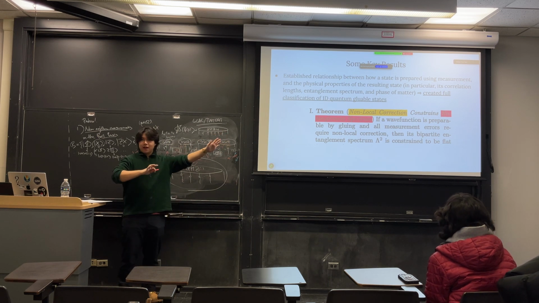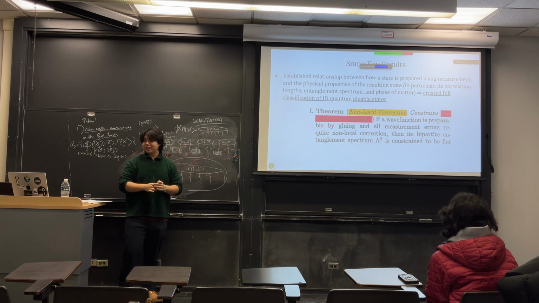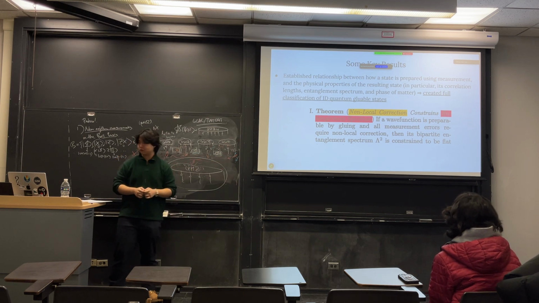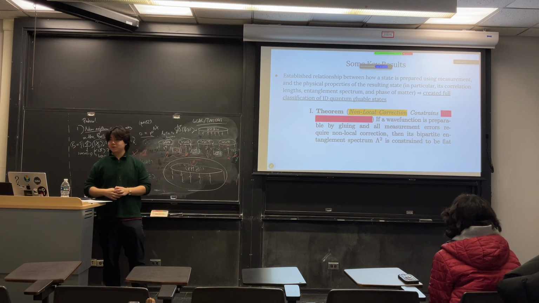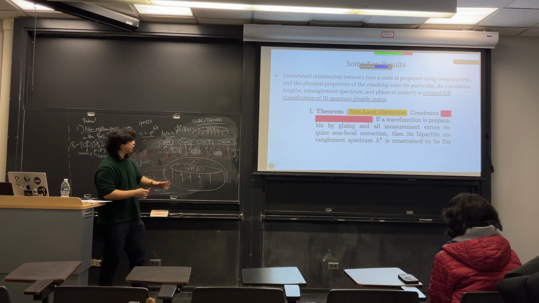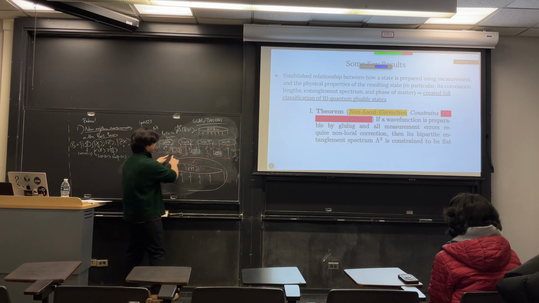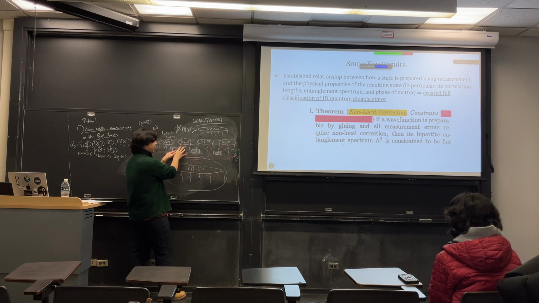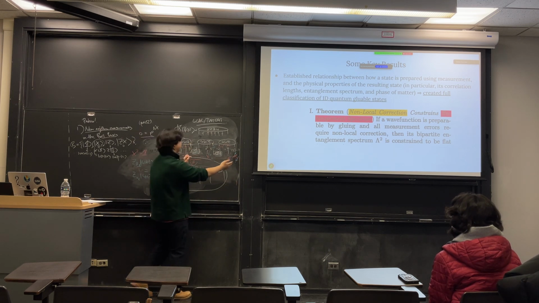The paper has all these theorems, and they have this entire classification of these one-dimensional quantum gluable states. The first theorem says that non-local correction constrains the entanglement spectrum. The non-local correction that I was talking about earlier is because you apply this unitary feedback not where the error was, but on the right side of it.